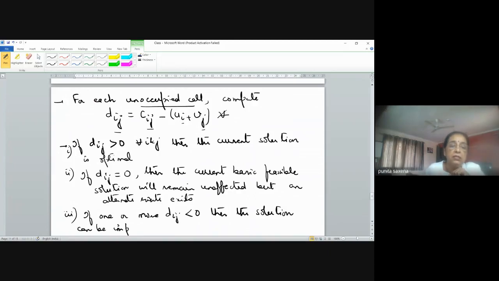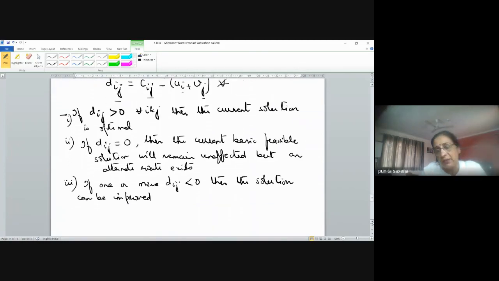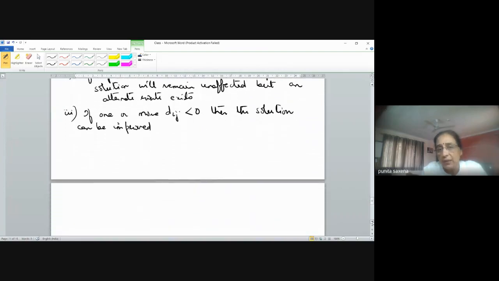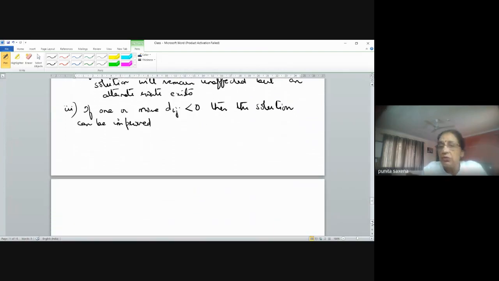That means the current solution is not an optimal solution. In this case we have two Dijs which are -1, and the rest are positive. So definitely the current solution is not an optimal solution, and we need to improve upon it.